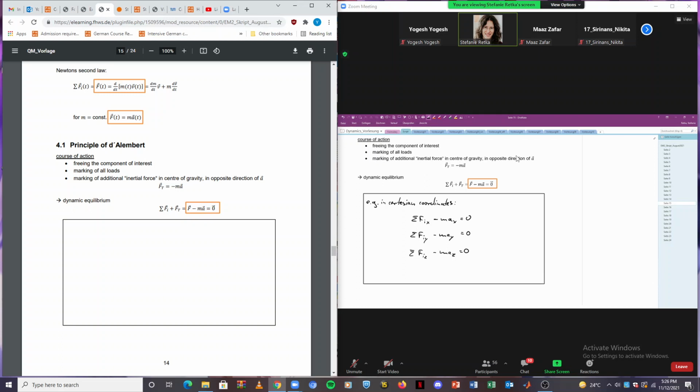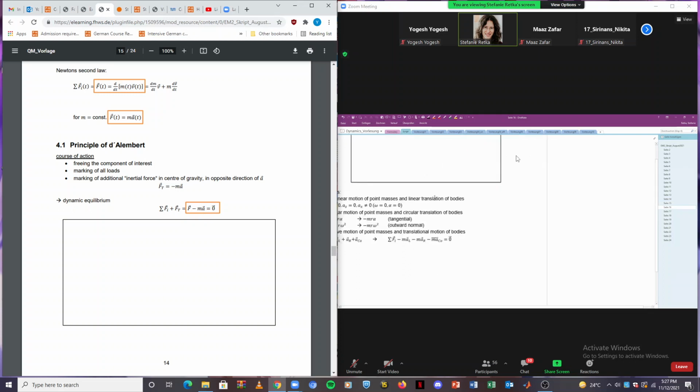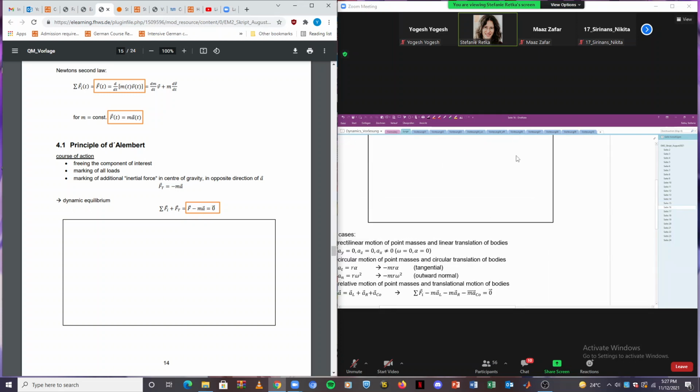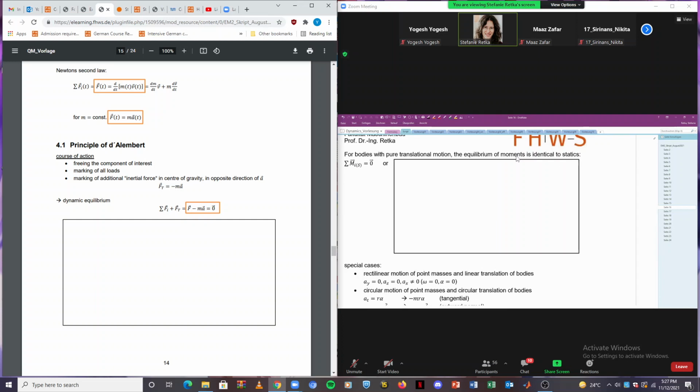So in statics, you will only have the sum of all forces is equal to 0. And in dynamics, we have to add the inertial force, mass times acceleration, which is negative, which points opposite to the direction of the acceleration. Now, as I already said, if we have a body, an object with spatial dimensions performing a pure rotational motion, we can also build the equilibrium of moments, which is identical to Engineering Mechanics 1.